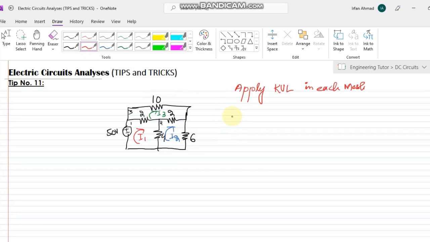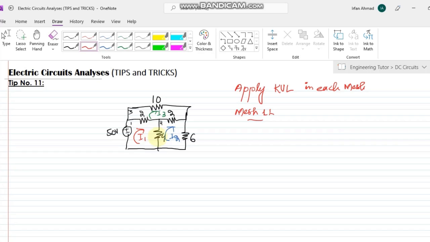In order to construct the equation for mesh number 1, I'm not applying the KVL here. Actually, at the back end I am basically applying the KVL, but in order to simplify the method, first of all, in whichever mesh you are, you have to sum all the resistances there, and multiply that with the current here.